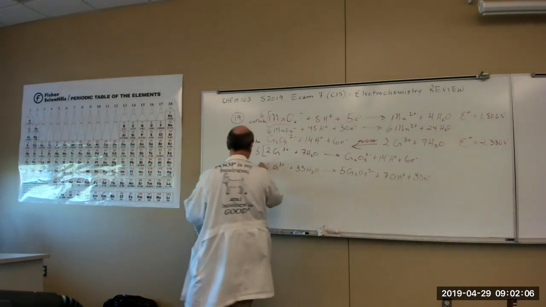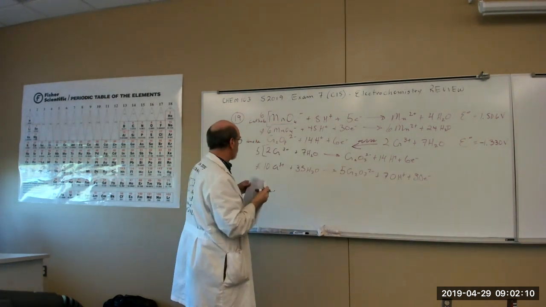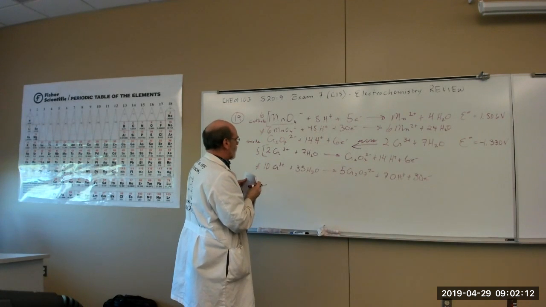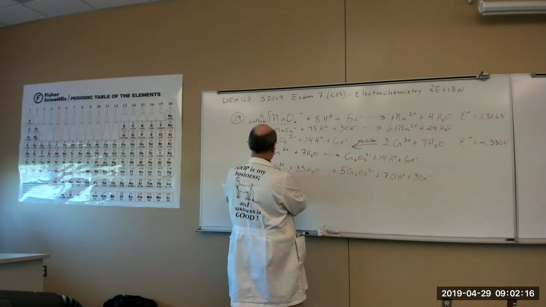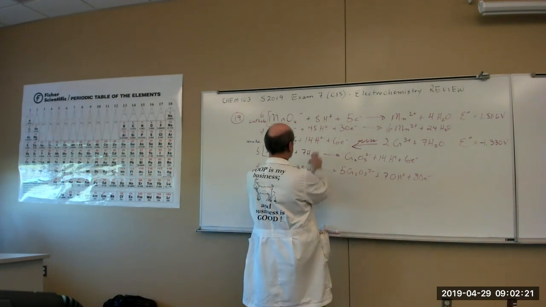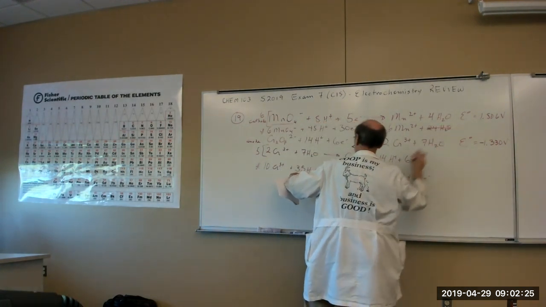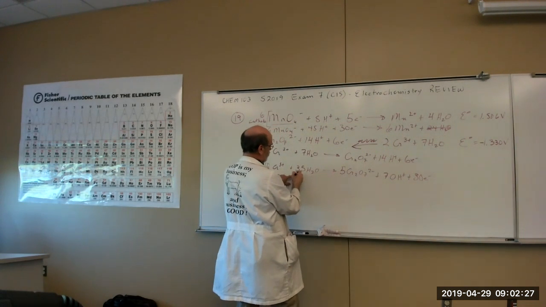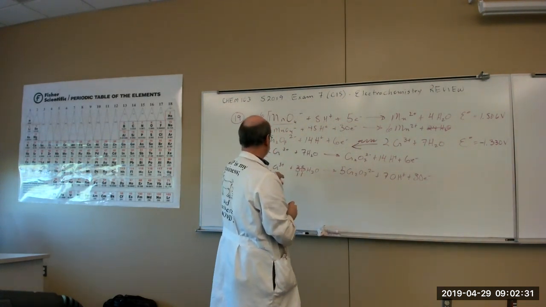Okay, so we're going to combine this one and this one. All right, let's see if we can cancel some stuff before we get there. Okay, waters. We got 35 waters here and 24 waters there. So these waters are gone, and 24 from 35 is 11, right? 11 waters left.